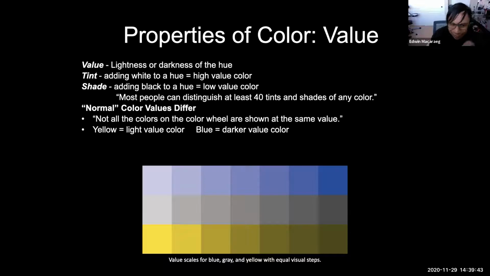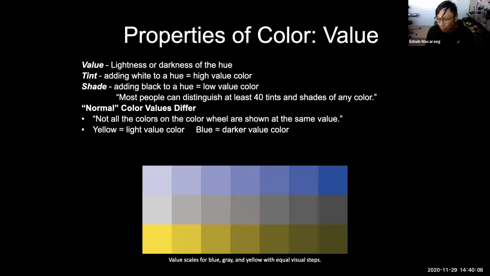So you can say yellow, from high to low. You can go yellow, orange, and then maybe green, or maybe red and then green, and then blue and purple. So there are actually values in normal color as well. And don't worry if you're not getting all of this today.